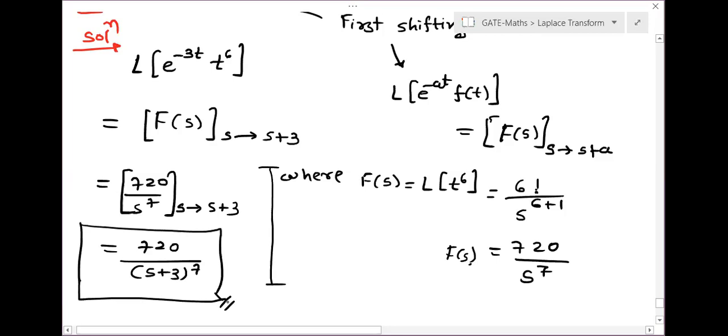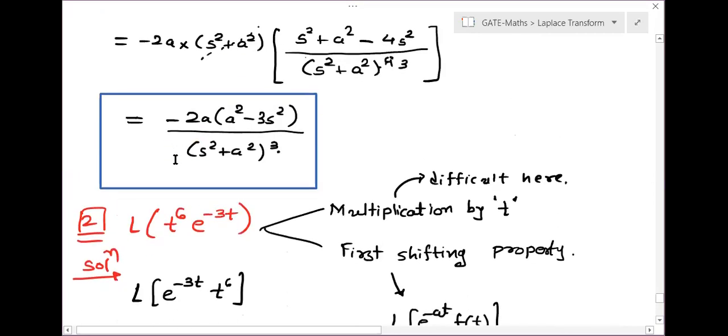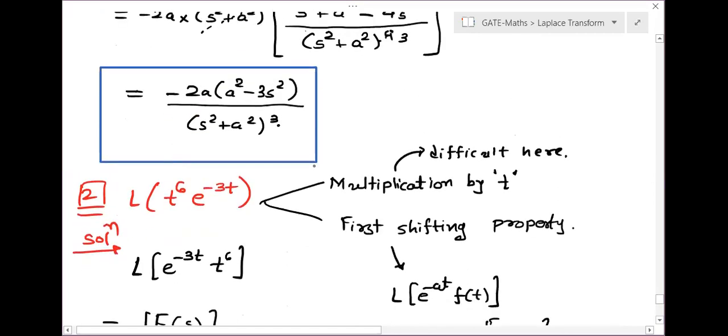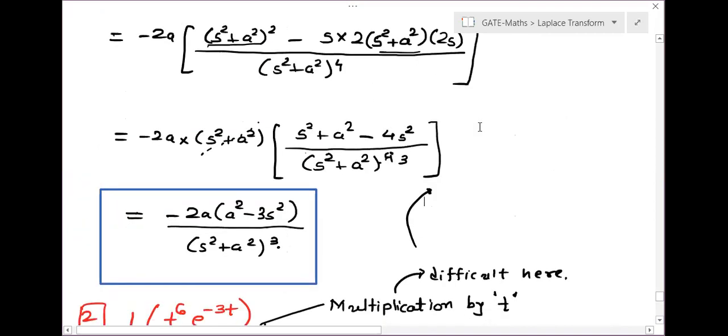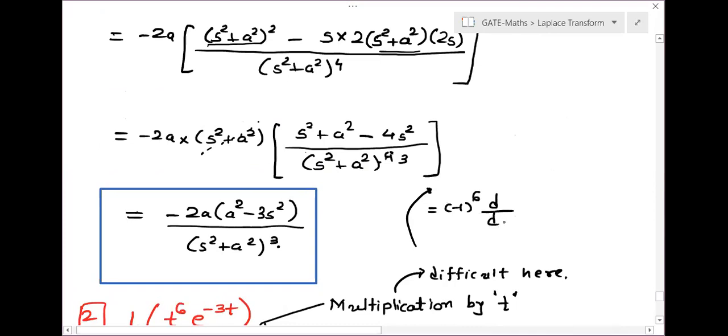Or if I show you another method, that is multiplication by t. If you have to use this method, multiplication by t, then your method will be like this. It is minus 1 to the power 6, the 6th differential with respect to your variable, and here your f of s.